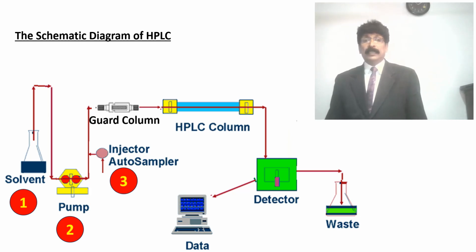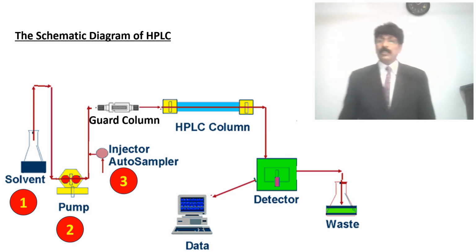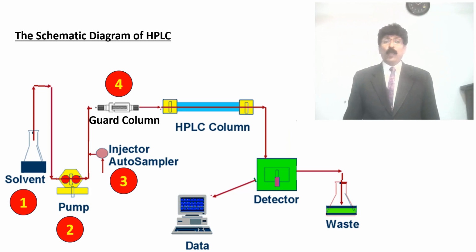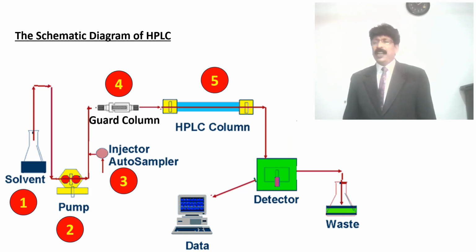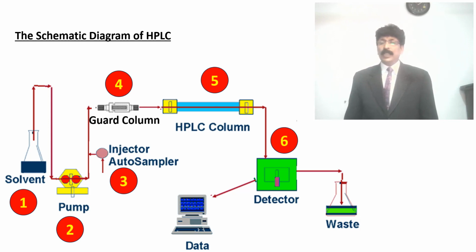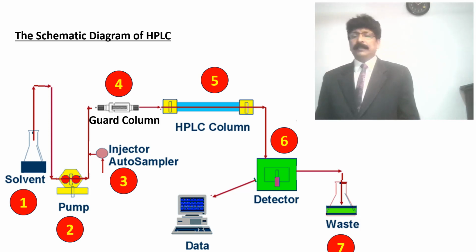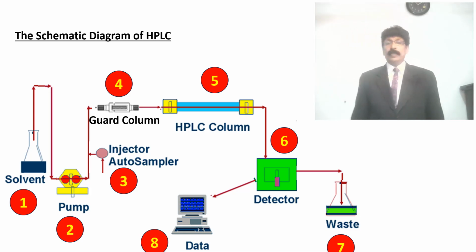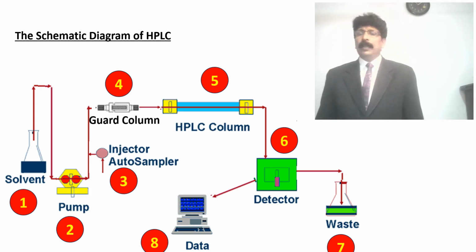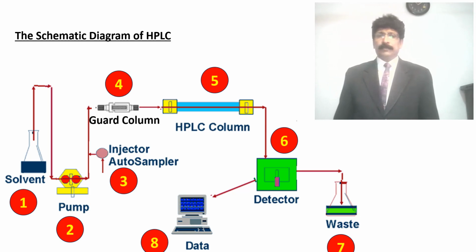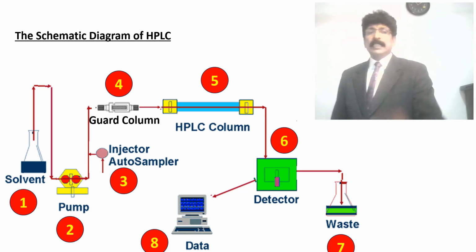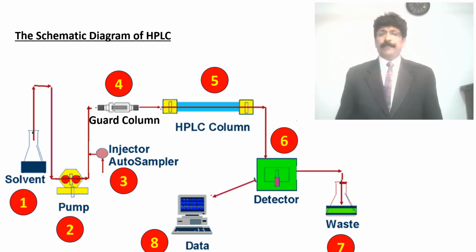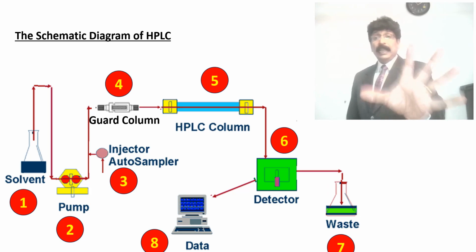The third one is the injector, auto sampler, the fourth one is the guard column, the fifth one is the HPLC column, the sixth one is the detector, the seventh one is the waste collector, and the eighth one is the data recorder, integrator, which can be done by a computer. See, these are the parts in the schematic diagram of an HPLC. I hope the student can easily observe this.